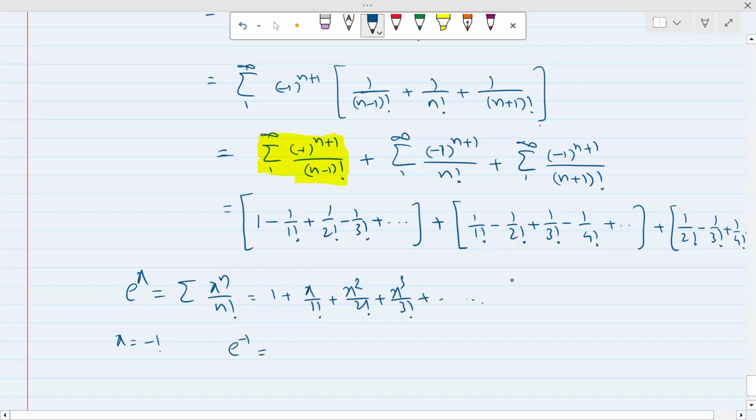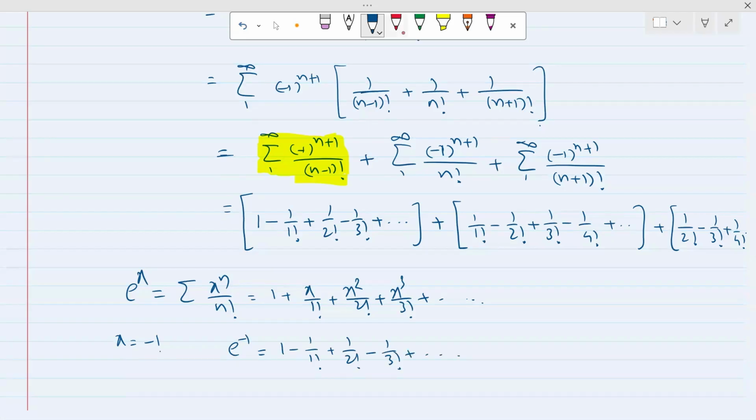So x equal to minus 1 will give you 1 minus 1 upon 1 factorial plus 1 upon 2 factorial minus 1 upon 3 factorial and so on. So the first one is e raised to minus 1. How much is the second one? It is 1 minus e raised to minus 1.